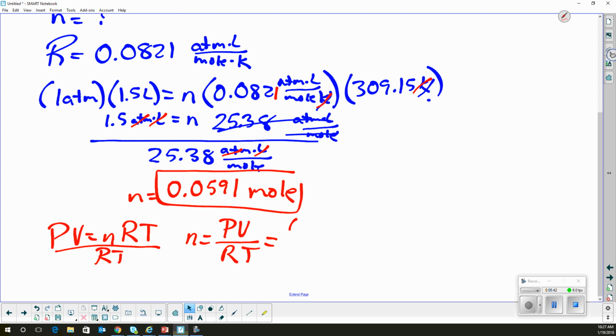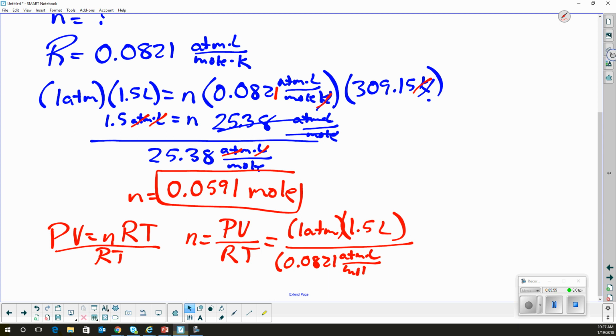So it would be 1 atmosphere times 1.5 liters divided by 0.0821 atmospheres times liters divided by mole times Kelvin, times 309.15 Kelvin. And then in one step I can say, okay, Kelvin's gone, liters gone, atmosphere's gone.